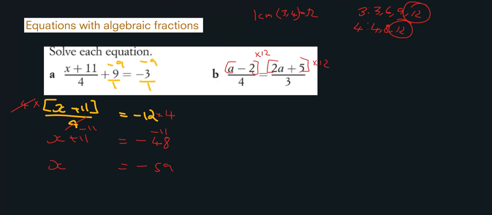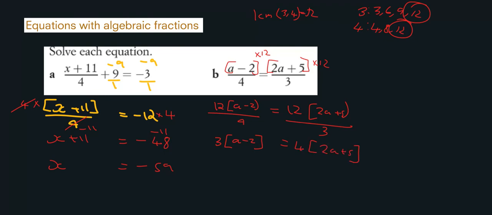So 12 divided by, let's be really explicit and show what we're doing. So 12 divided by 4 is 3. 12 divided by 3 is 4. And we're just left with a set of parentheses on the left hand side and right hand side.